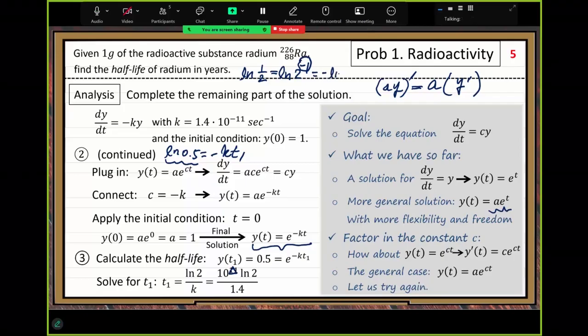So it equals negative ln of 2. This negative and the negative cancel out, right? Both sides have a negative. Then T1 equals ln of 2 over k.